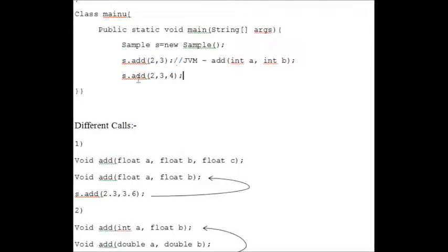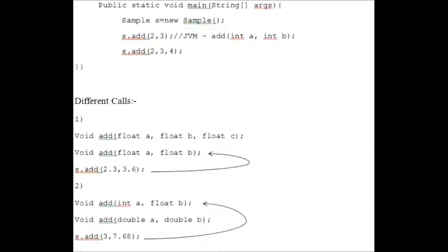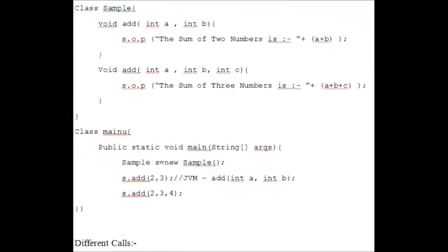When s dot add 2, 3, 4 is called, this other method is executed. I hope the concept is clear now. When the runtime, the JVM, runs this command, 2, 3 goes to this method, whereas 2, 3, 4 goes to this method, as they have different method signatures. The method signature is nothing but the method name and the different number of parameters that it has.